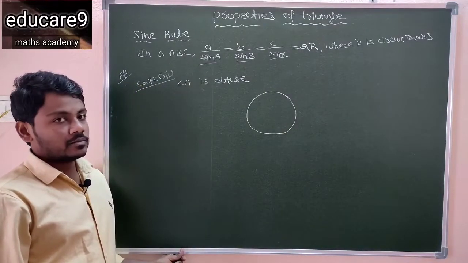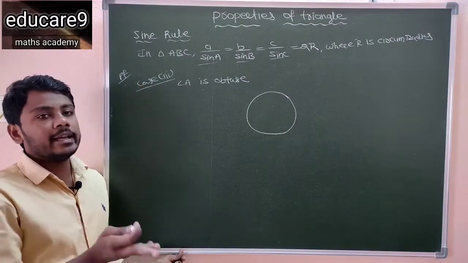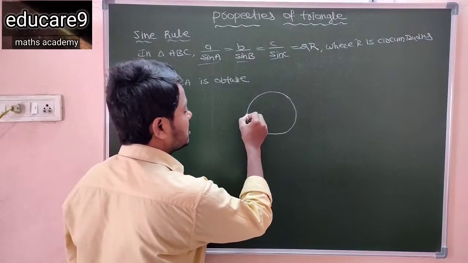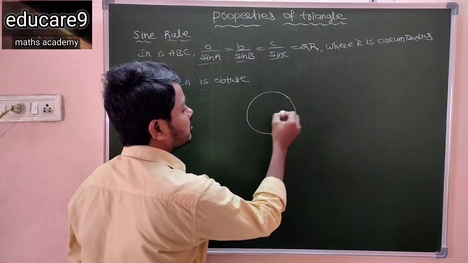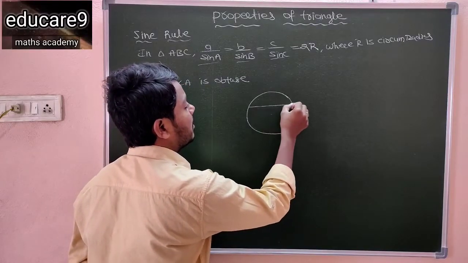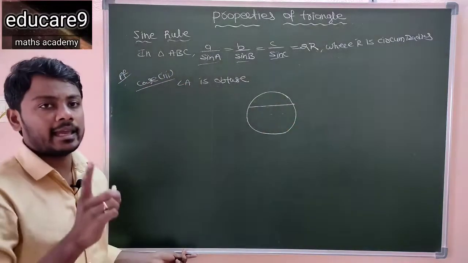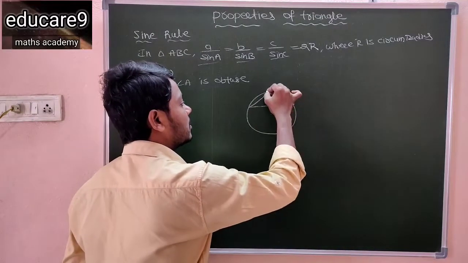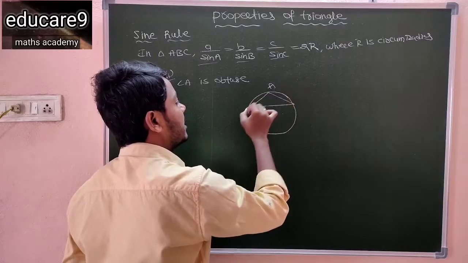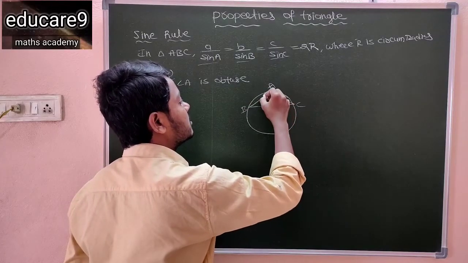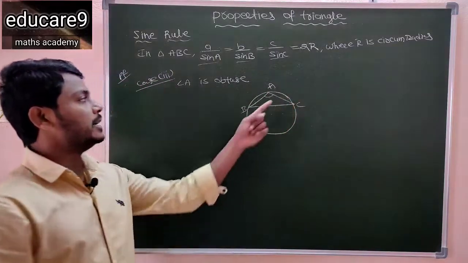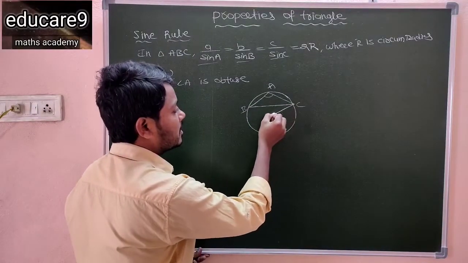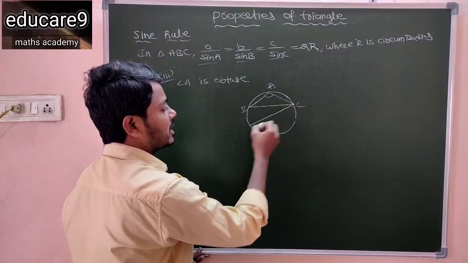We have to draw one side above the diameter of the circle, and then only angle A is obtuse. See here, this is A, this is B and this is C. Clearly this is more than 90, it is an obtuse angle.